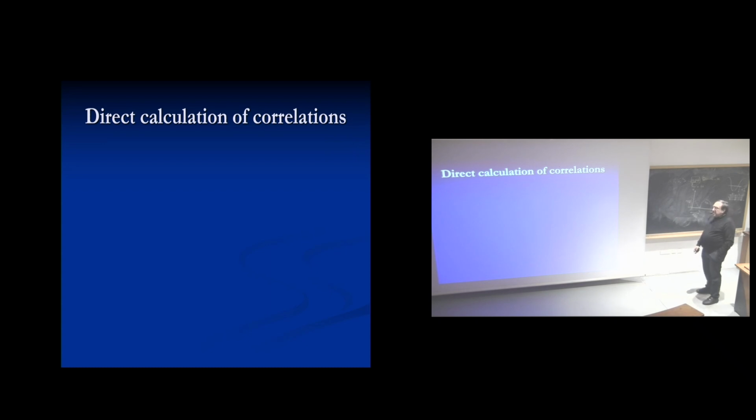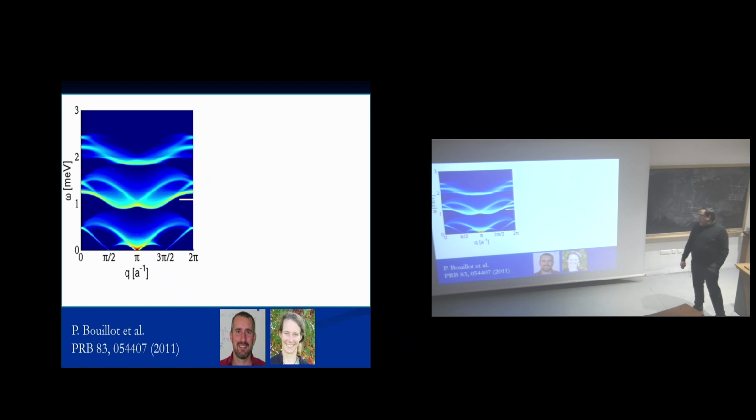Now, not only the static correlation can be computed, but the dynamical correlation can be computed. So here is an already ancient calculation where the neutron scattering correlation, so again, frequency, momentum, and the color code gives you the intensity of the response, has been computed for the ladder that I showed you.